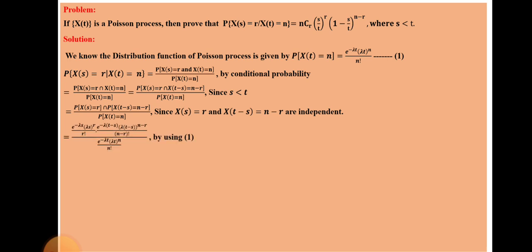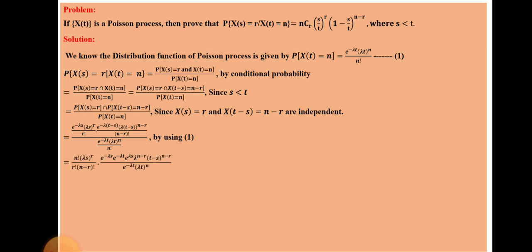So we are using the Poisson distribution function: for the first, t is s and n is r, e^(−λs) (λs)^r by r factorial. Second, t is t−s and n is n−r, e^(−λ(t−s)) (λ(t−s))^(n−r) by (n−r) factorial. Similarly in the denominator, t and n, so e^(−λt) (λt)^n by n factorial.